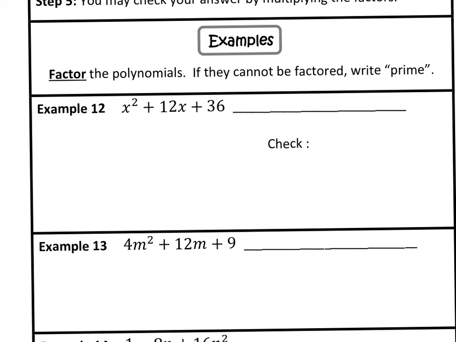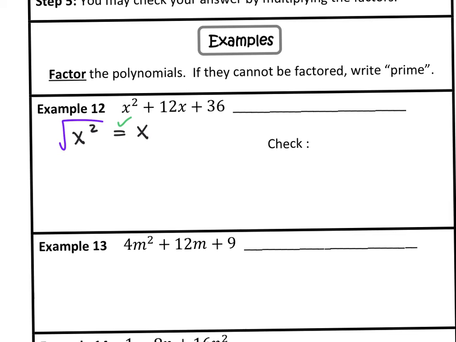Okay, so we want to check for, can we square root the first term? What's the square root of x squared? It's going to be x. So yes, I can square root. In other words, the exponent was even.